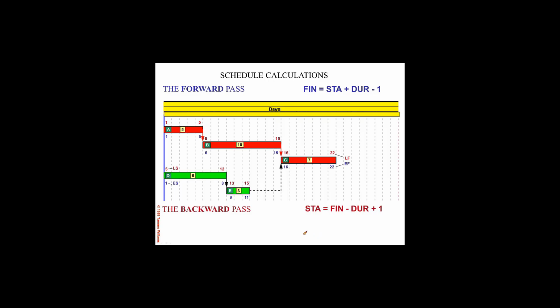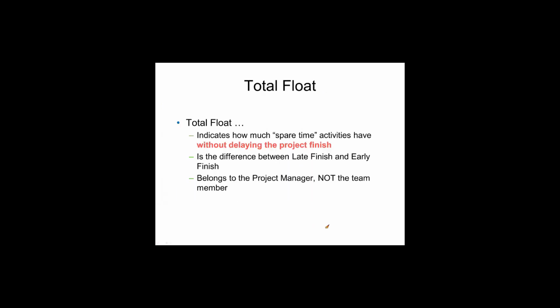Now you might ask, so what? What's the big deal? And why do I care about early dates and late dates? Well, let us go on and consider total float, or total slack, as it is known in some areas. It indicates how much spare time activities have without delaying the project finish.